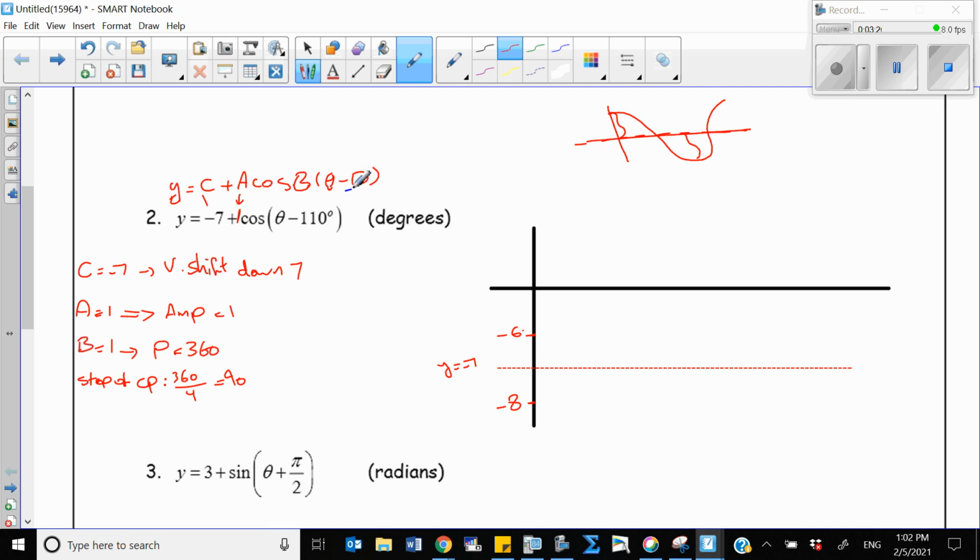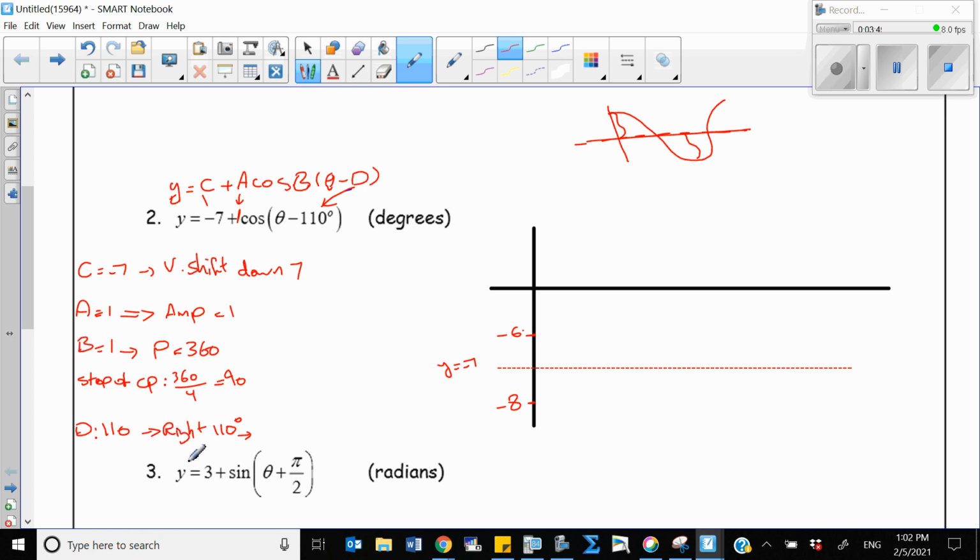Now let's talk about the last one. D is matching with this 110. So D is equal to 110. And because I have minus 110, that means we are moving right for 110 degrees.